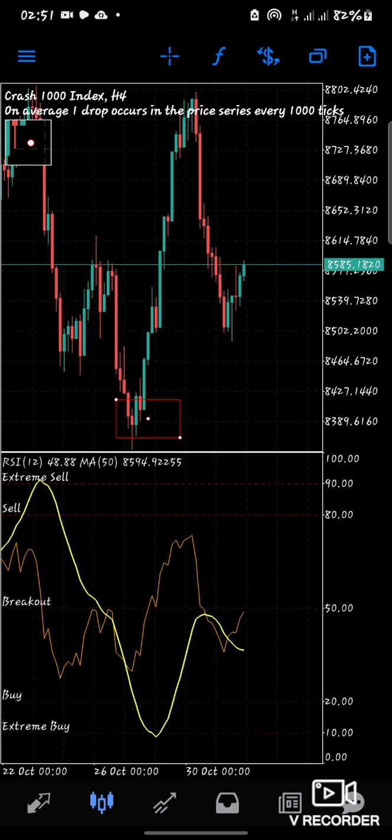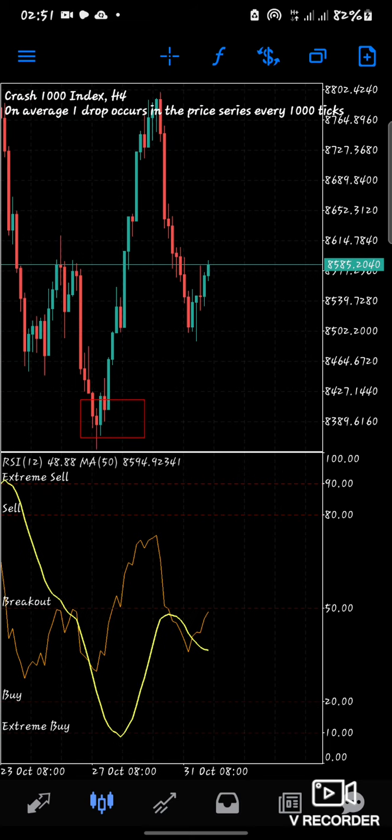Alright guys, we draw this on that swing point, that's here. That's the first swing point.